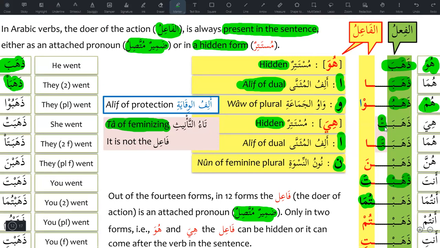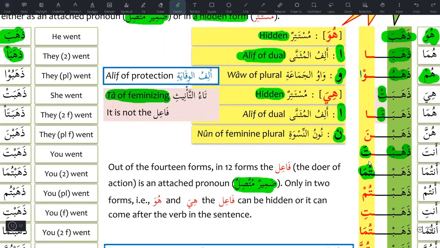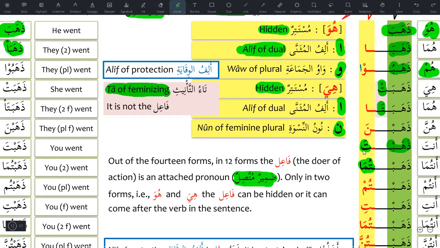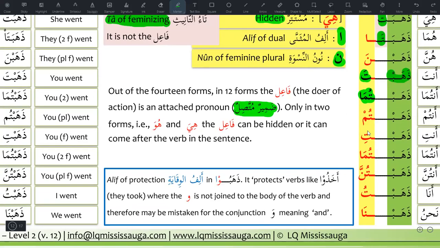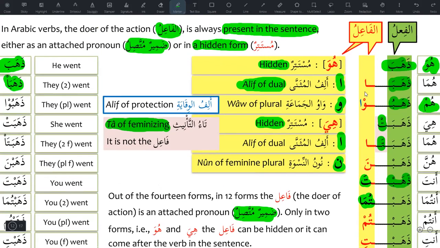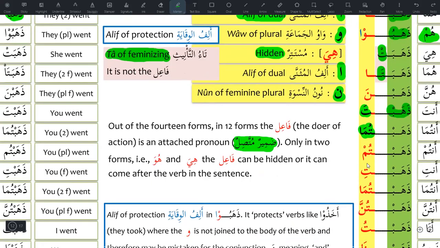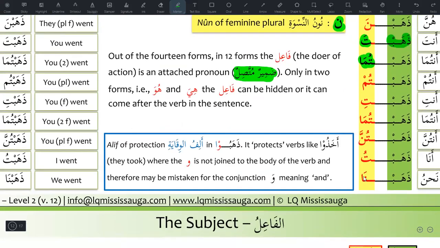These two, their fail is hidden. The rest, zahabu, zahabna, zahabta, zahabtuma, they all have attached pronoun like alif, waw, alif, noon, ta, tuma, tum, ti, tuma, tunna, tu, na. They all have attached pronoun, damir muttasil.